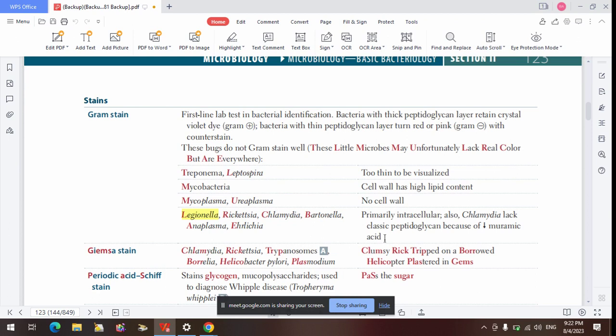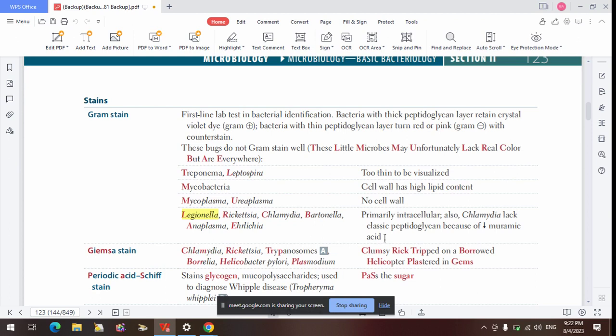But your gram negative has a very thin peptidoglycan cell wall. It's not going to absorb the primary stain, and by the time you decolorize, all the little primary stain that has been absorbed will be washed away. After you decolorize, you apply your counter stain, it's going to take that counter stain only, and the counter stain is red. That is why gram negative will appear red. That is the technique of gram stain.